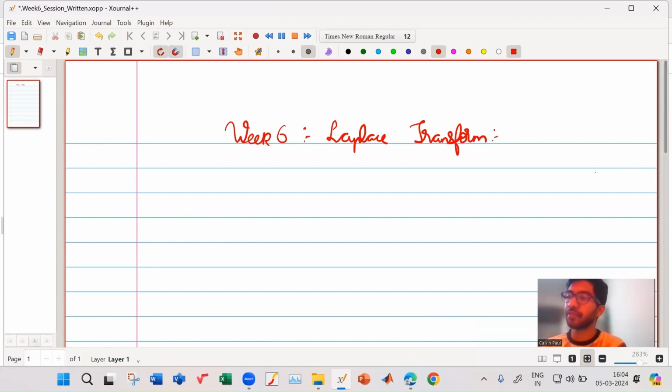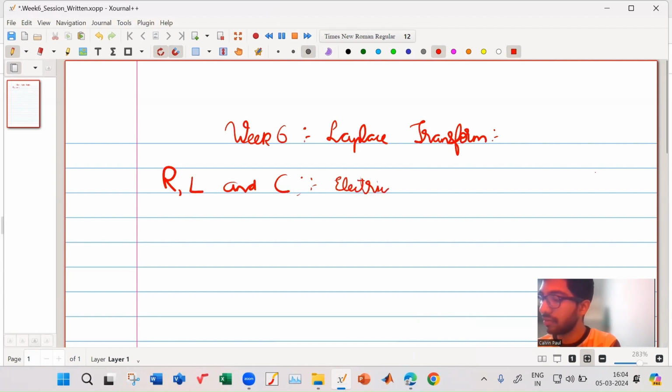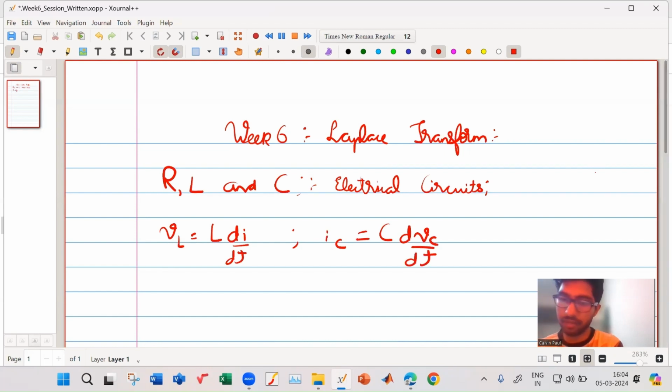We had studied various electrical circuits, and we have a resistor, inductor, and capacitor, etc. present in our electrical circuits. So the voltage across the inductor is given by L di by dt, and the current through the capacitor is given by C dVc by dt.